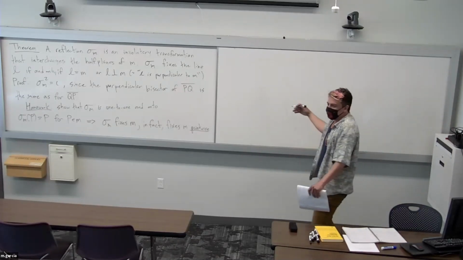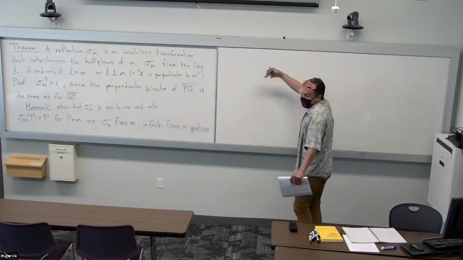Because if we have a perpendicular line, then we just flip around M, right?